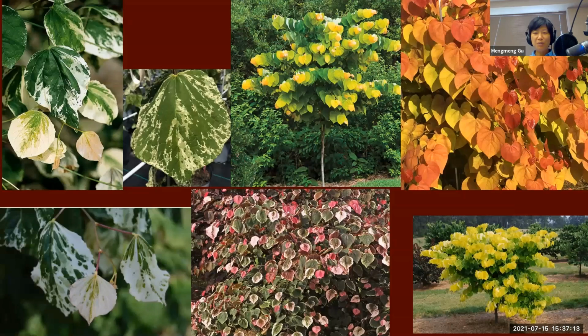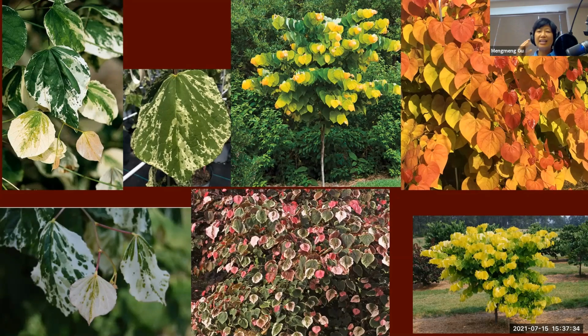I have more pretty pictures here. Often with these variegated or colored leaves, their photosynthesis, compared to their solid green leaf cousins, they don't have nearly as many photosynthetic units as the solid green leaves.